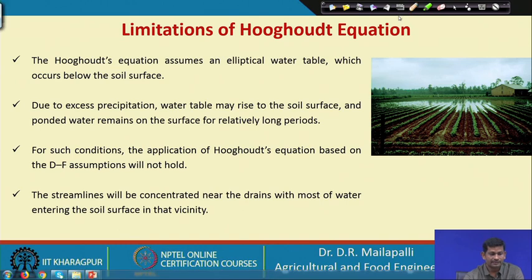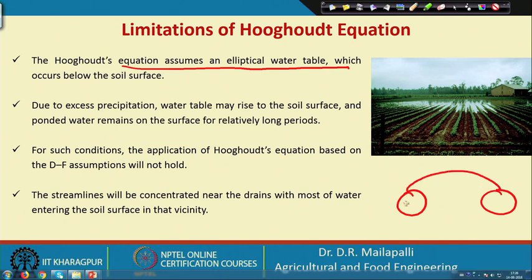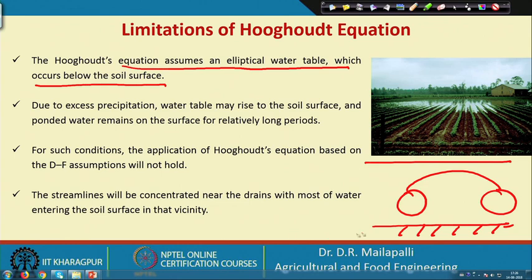Then the limitations. The Hooghoudt equation assumes an elliptical water table. If you see the water table, I have been drawing it several times. This is an elliptical water table which occurs below the soil surface. This is what the Hooghoudt equation assumes. But what happens if the water table is just rising up and accumulating water on the top surface, just like here? Then the Hooghoudt equation has a limitation in this kind of scenario.